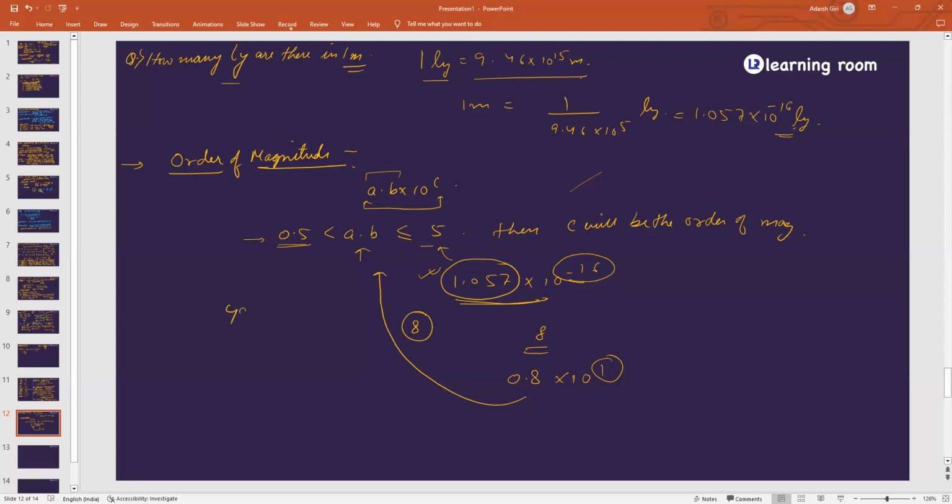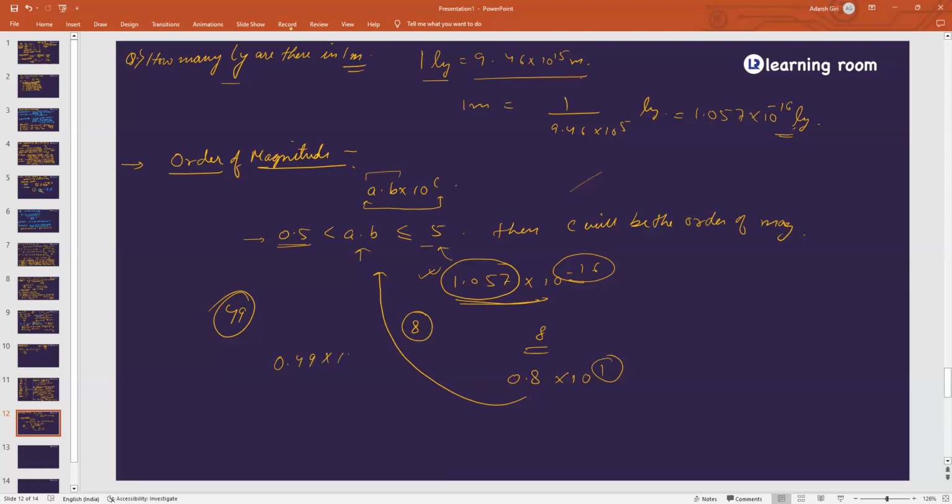Tell me the order of magnitude for 49. So 1. Okay. Chitesh, your answer? 1, sir. Vandana? 1, sir. Ritika? 1, sir. Akhil? 1, sir. Okay. So, should it be 2?